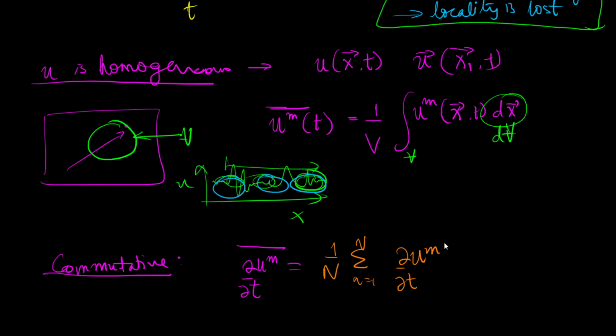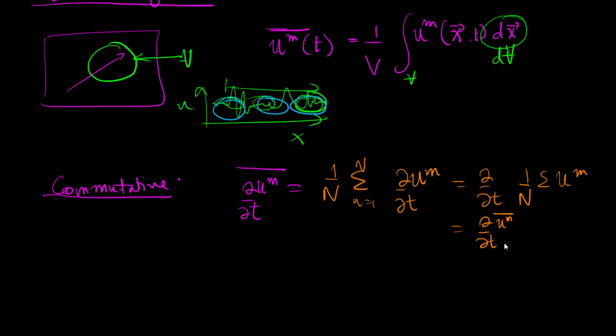Now we can simply swap the differential and the sum. So this is del t of 1 upon N summation of u to the power m. So this becomes del t of u to the power m averaged. So the derivative of the mth moment is equal to this. So we are able to show that the differentiation is commutative.